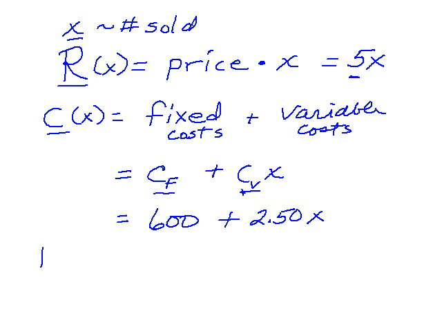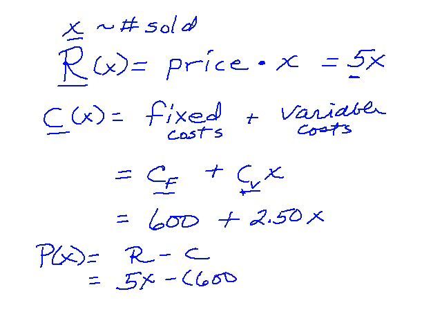Okay, there's another variable called profit. It depends on the number sold too. And profit is the difference between your revenue and your cost. Now this gets a little tricky based on proper distribution of that negative sign. So I'm going to write out what we have for the business right now. That's 5X minus all of the costs: minus (600 plus 2.50X).